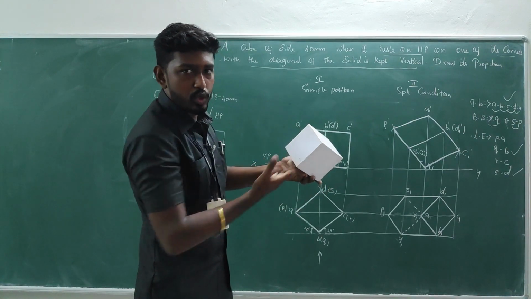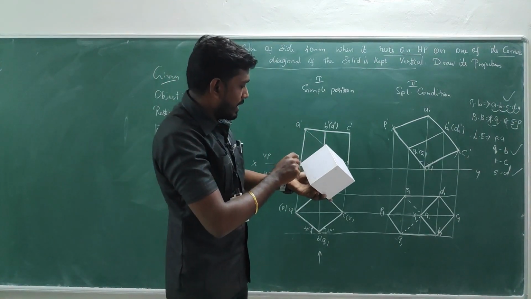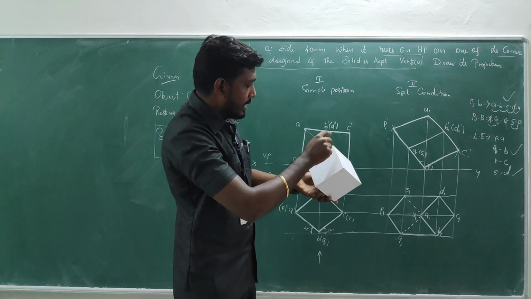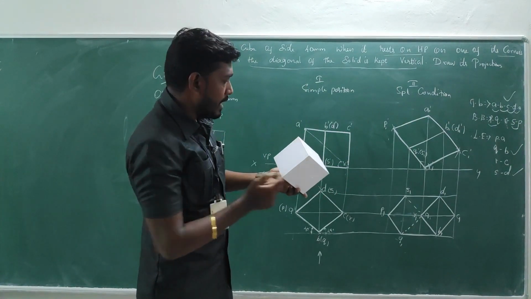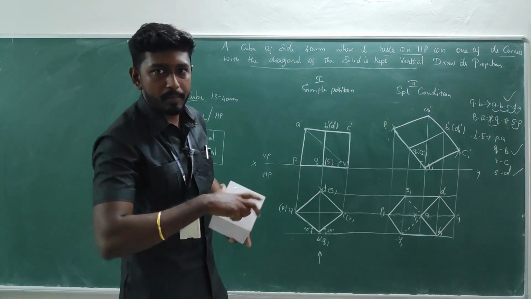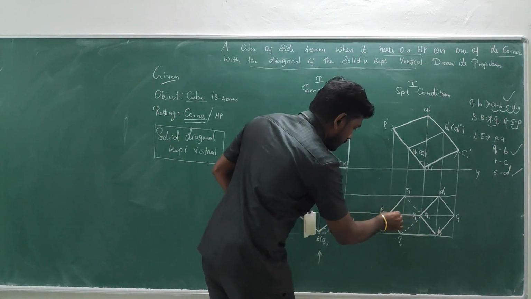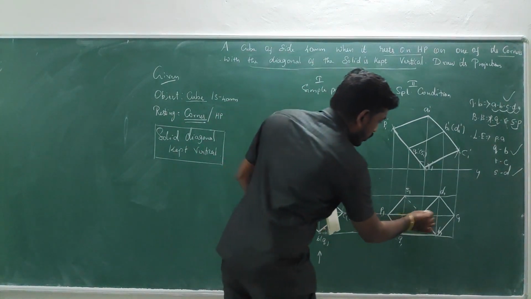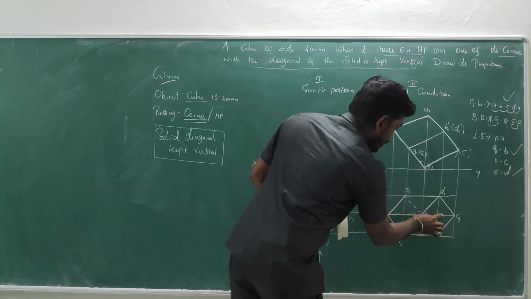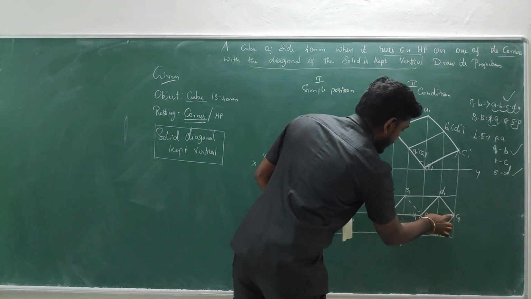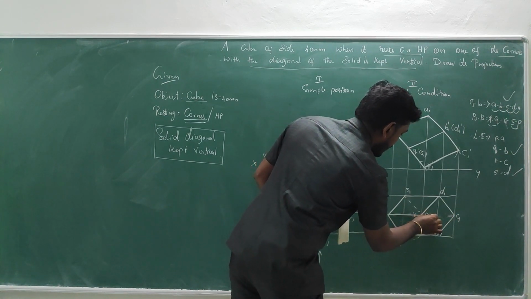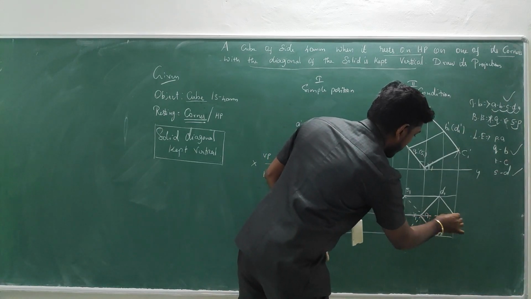It won't be visible to you, right? So the line P to A should be a dark line and R to C should be an invisible line. P to A is a dark line, and R to C is an invisible line, so you have to take it as a dashed line.